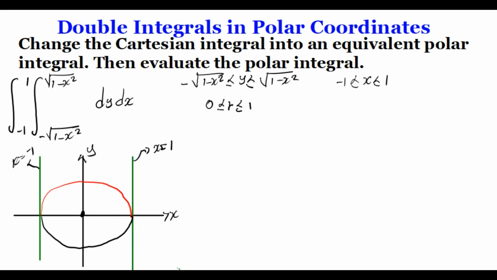Then what about our theta? A mistake that you can make is just moving from 0 to this point. The best thing you can do is just move from 0 all the way back to 0 again, but don't say from 0 to 0. It makes more sense if you say from 0 to 2 pi, like that.